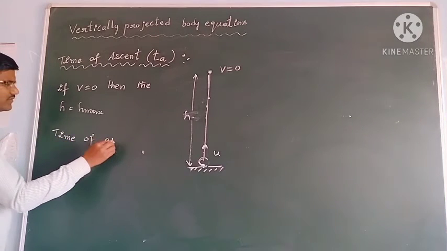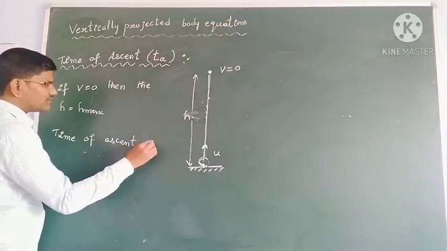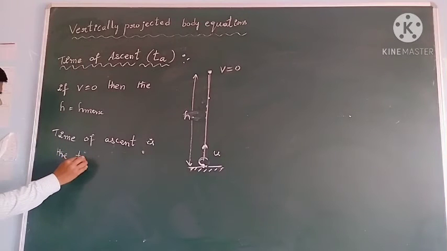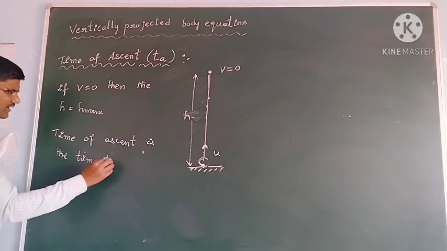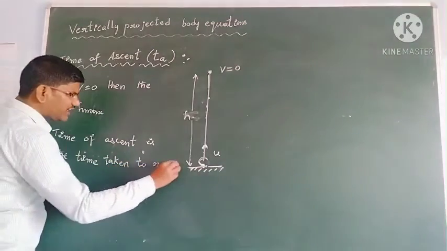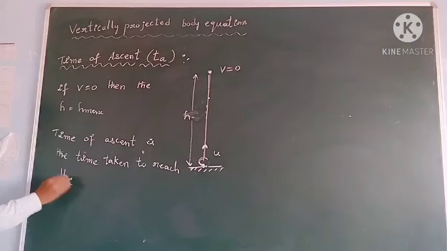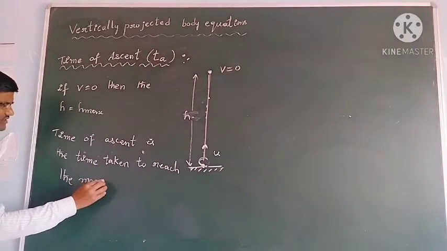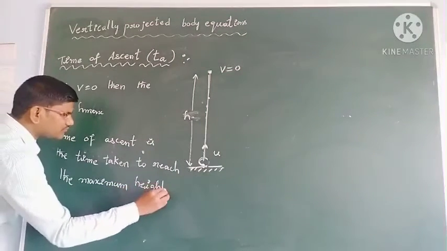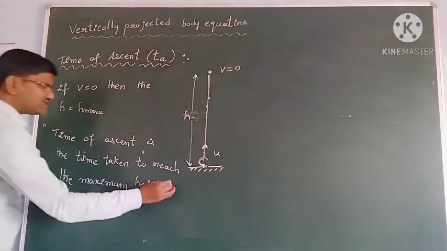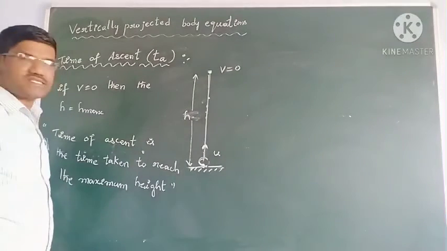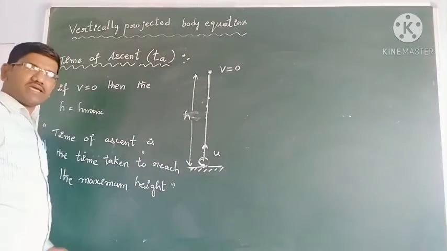Time of ascent is the time taken to reach the maximum height. So time of ascent is defined as the time taken by a vertically projected body to reach the maximum height, which is called time of ascent.